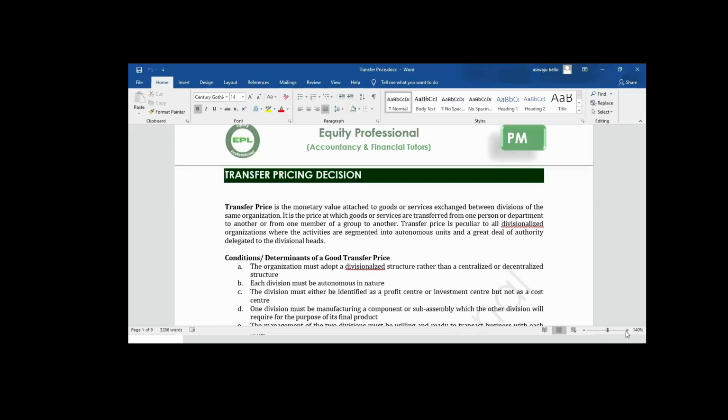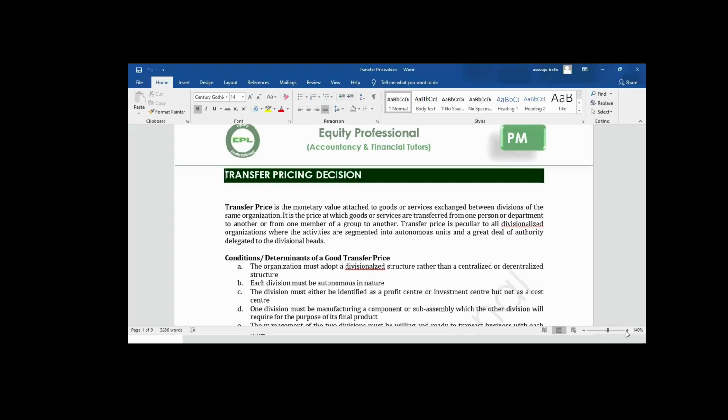One division is selling goods to another division within the same company. This is called interdivisional transactions. These transactions must be priced. There must be a price for the goods manufactured by one division and transferred to another division within the same organization. There must be a price for this transaction.